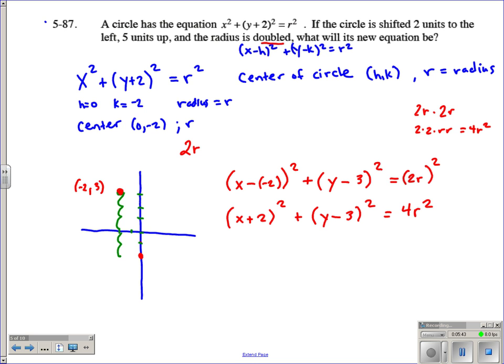So our final answer, the quantity of x plus 2 squared plus the quantity of y minus 3 squared equals 4r squared. I'll box it in here. That is our final answer.